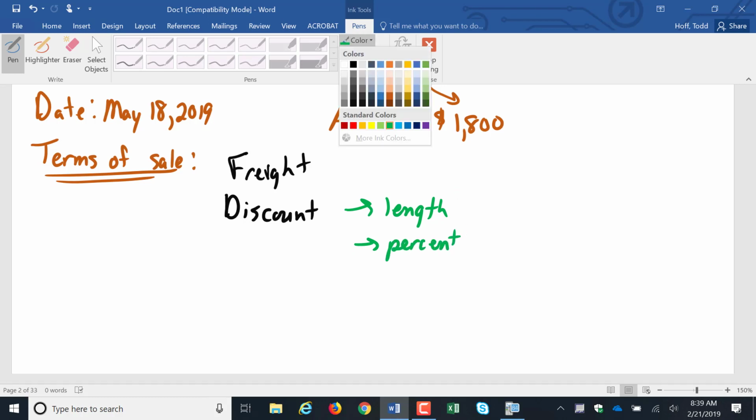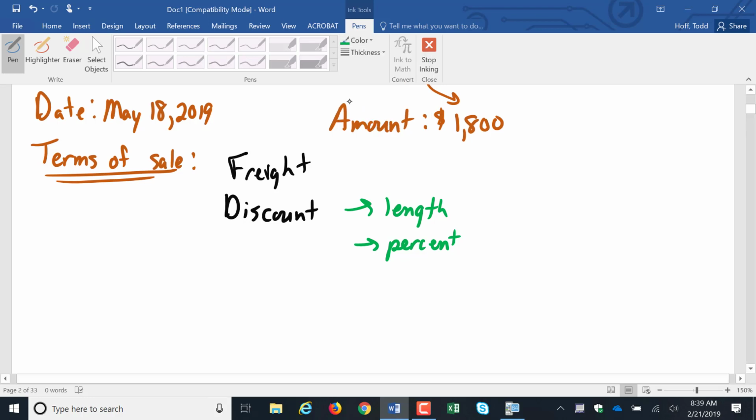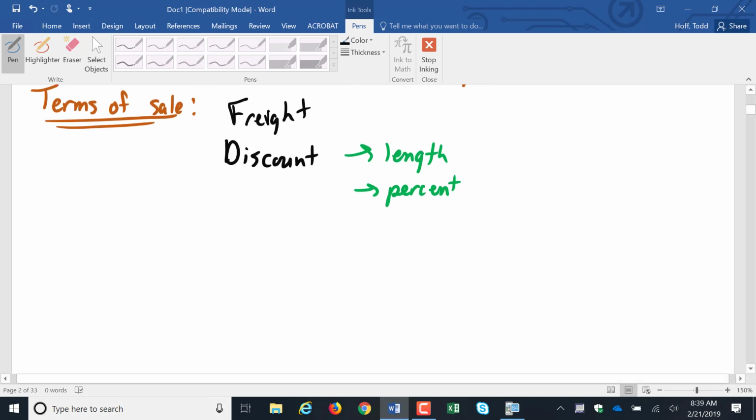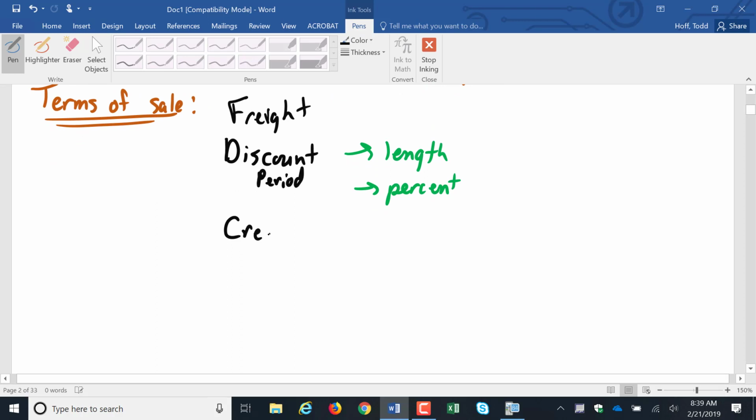What the discount period is, it's a period at the very beginning. If you pay early, you're going to get an additional discount for paying early because that supplier wants their money as soon as they can, that producer. So if they can get their money early, they're going to give you that little incentive. And then there's the credit period. The credit period, that's the amount of time you have to pay.